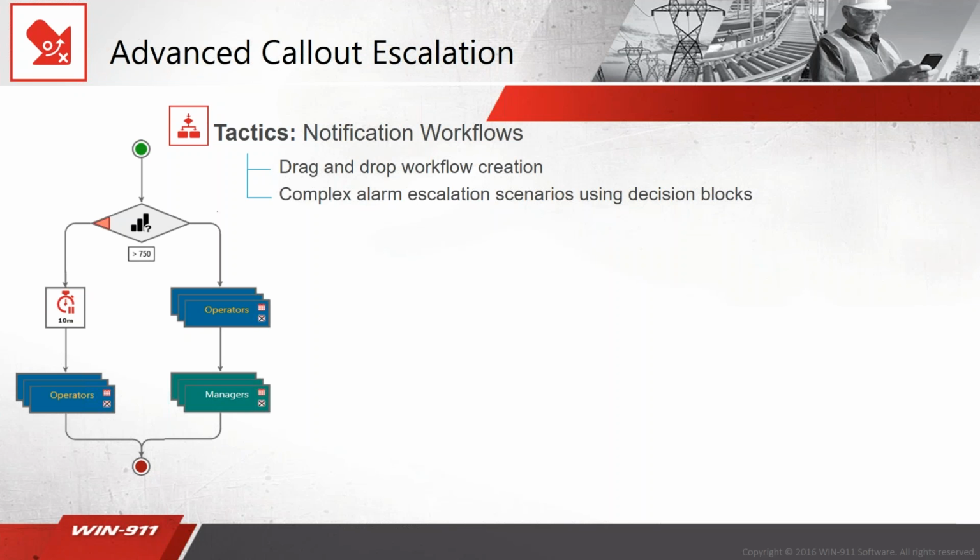It's coming down to what we call a decision block, and it's checking the severity of the alarm. So it's saying, is severity higher than 750? If it is, let's notify our operator group and our manager group. And if it's not, then let's wait 10 minutes for it to clear. And if it's still active, we'll go ahead and notify the operator group.